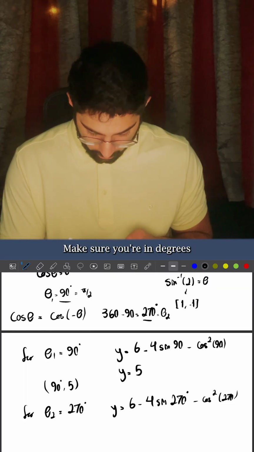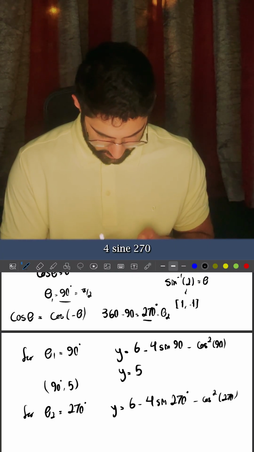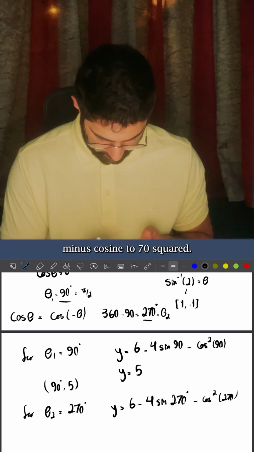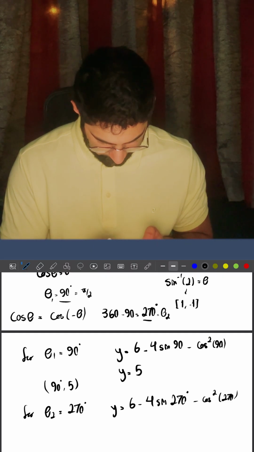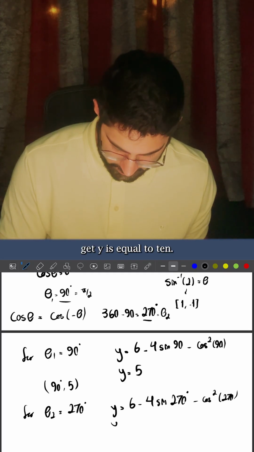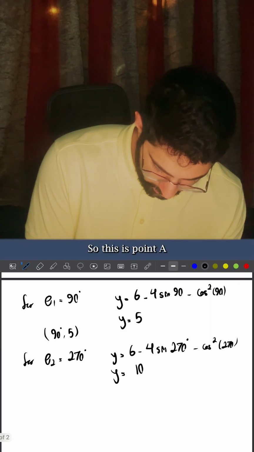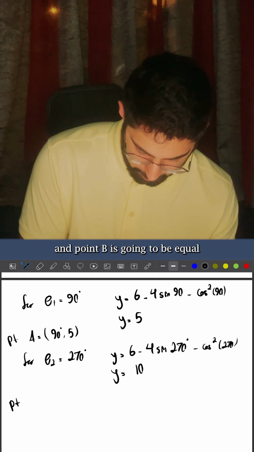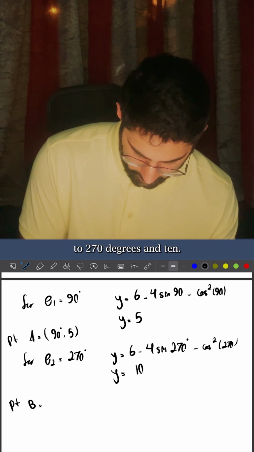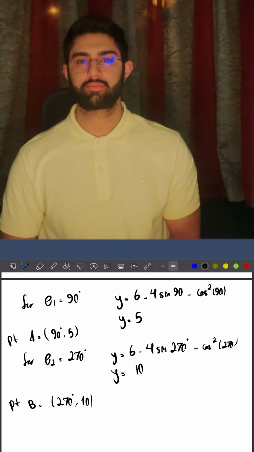Again, make sure you're in degrees. 6 minus 4 sine 270 minus cosine 270 squared. And we get y equals 10. There we go. So this is point A, and point B is going to equal 270 degrees and 10. That's all.